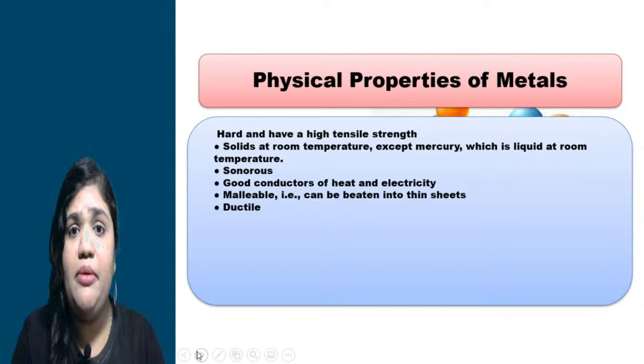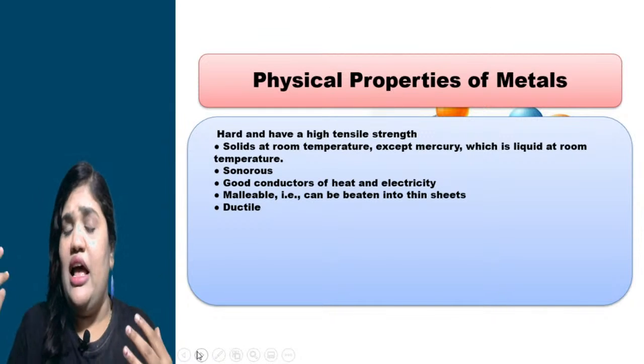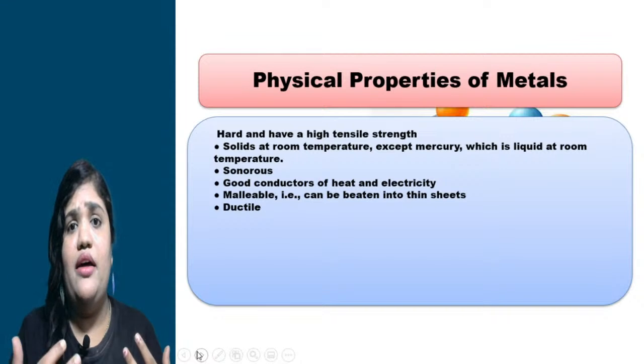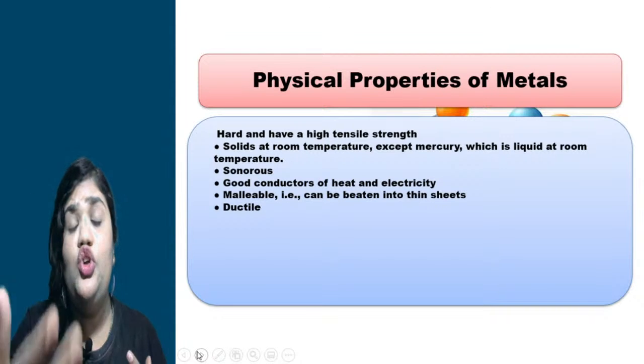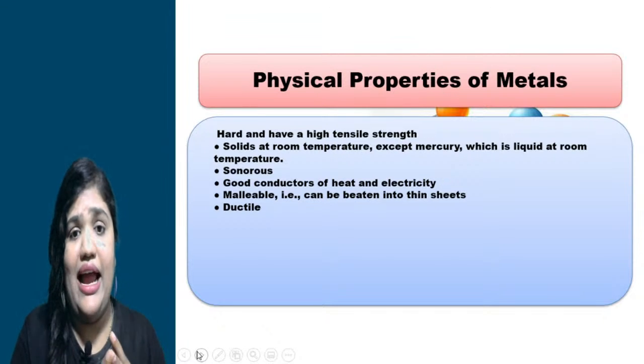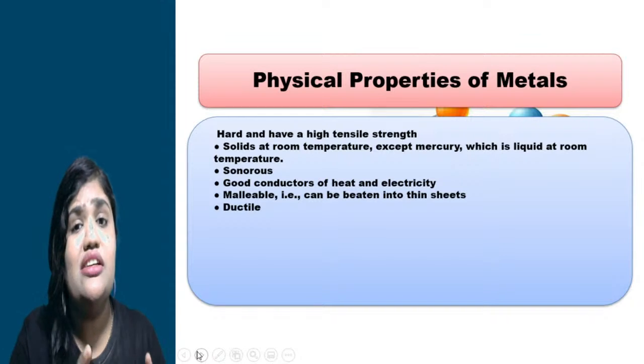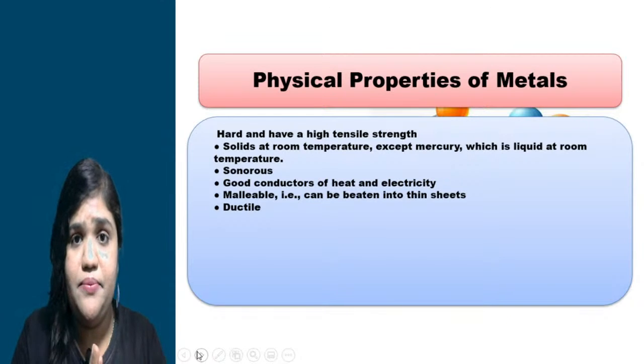We can convert them into thin wires. Take one example, copper. You can see copper in wires that you use in your house, right? So as you know, ductile and malleable are the general characteristics of metals.